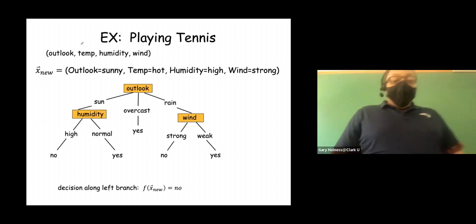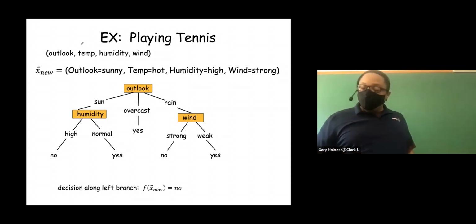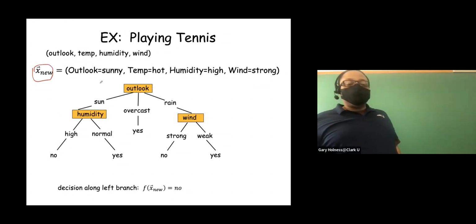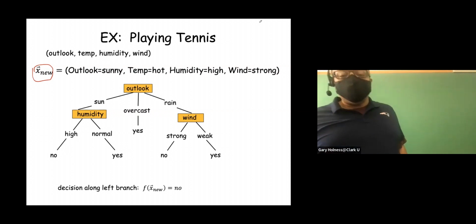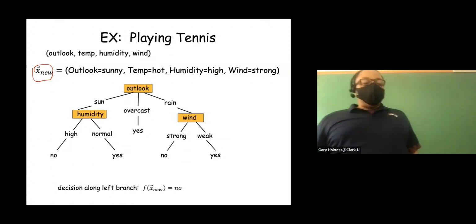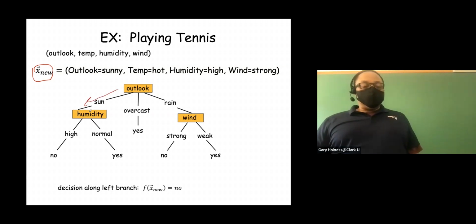All right. And so the idea then is, imagine if we had some new out of sample data, X sub nu, and you'll notice it has an instantiation of our 4 variables, outlook, temperature, humidity, and wind. So we send this new input, this out of sample point, down our tree, imagining this tree were the one that was built. Outlook is sunny, so it pursues this left-handmost branch.